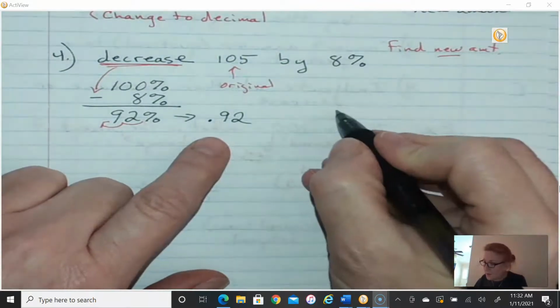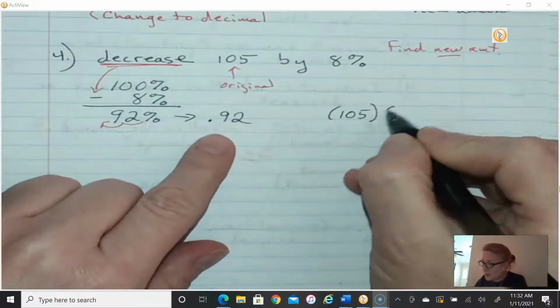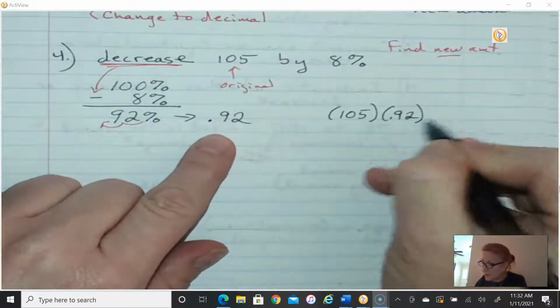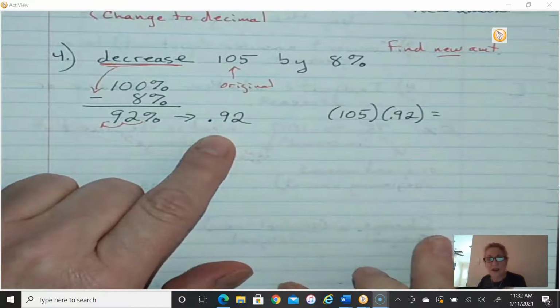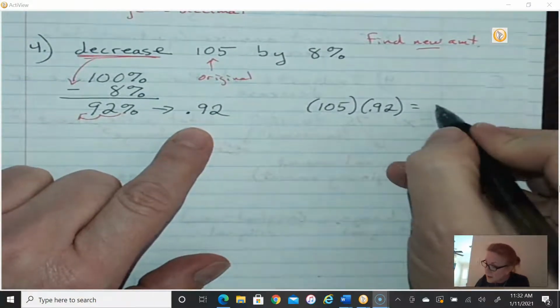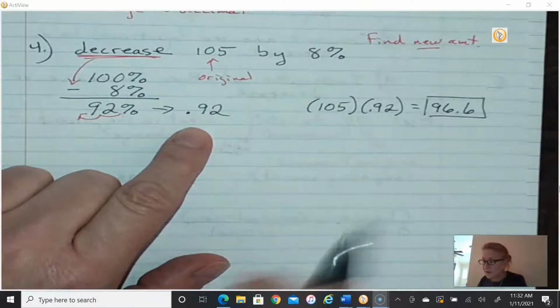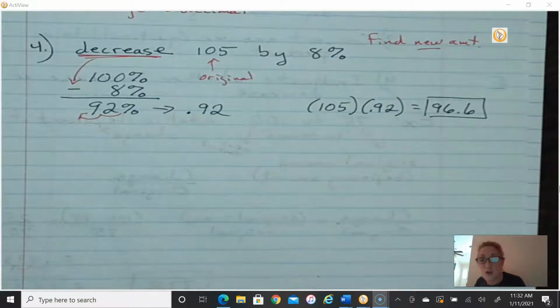So I have 105 times 0.92 equals, if you have your calculator, yes, I'm letting y'all use your calculator, you get 96.6. That's your answer. That would be your new amount.